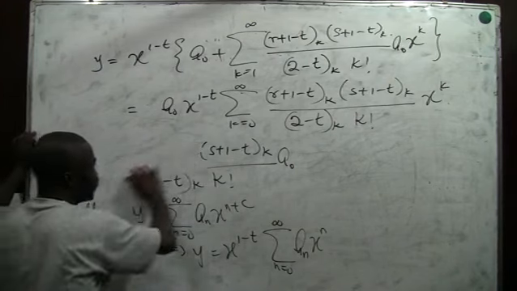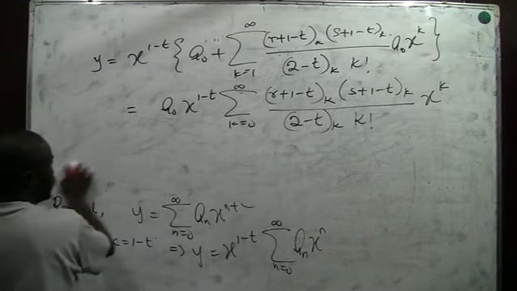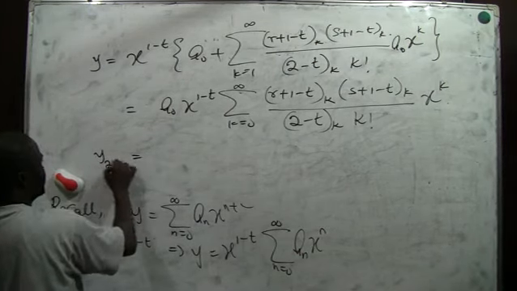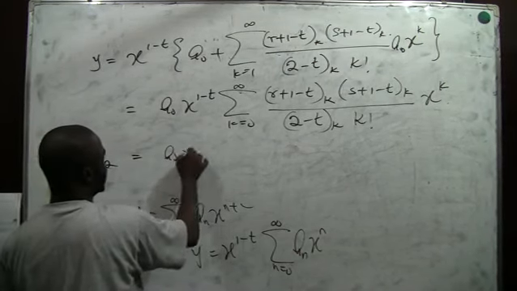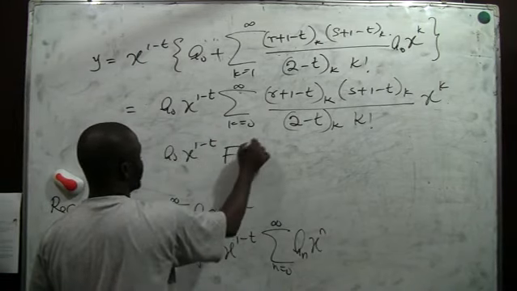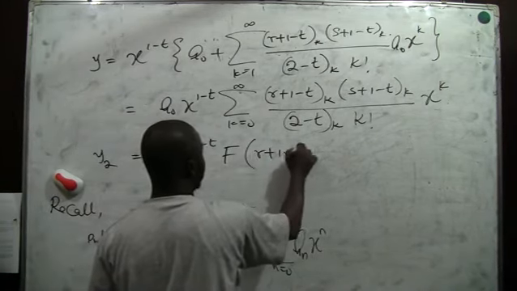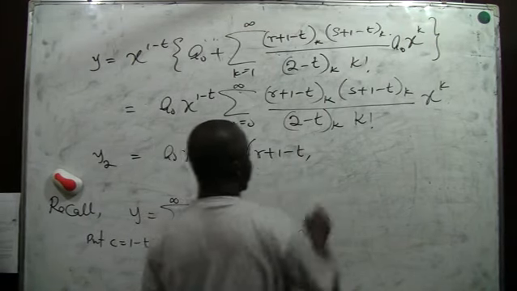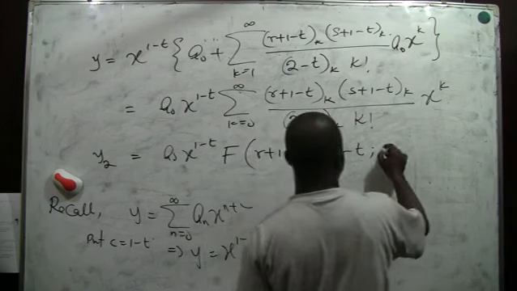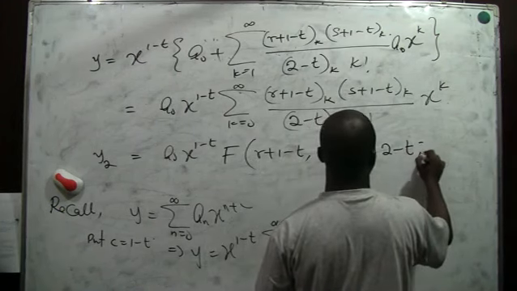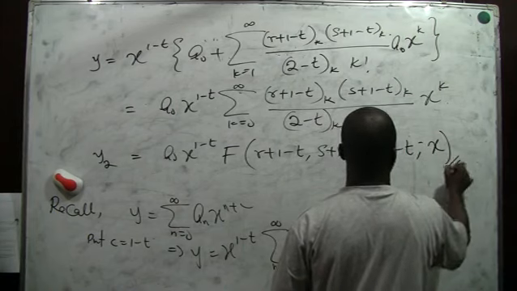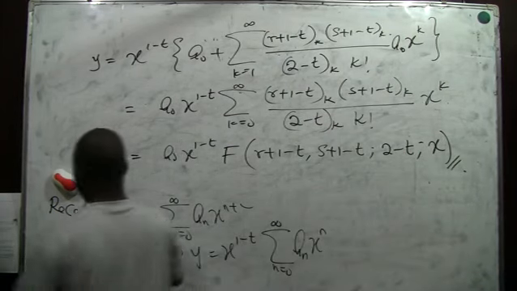In hypergeometric function form, we write y2 now, a naught x raised to power 1 minus t F of r plus 1 minus t, comma, s plus 1 minus t, semicolon, 2 minus t, semicolon, x. And that gives the second solution.